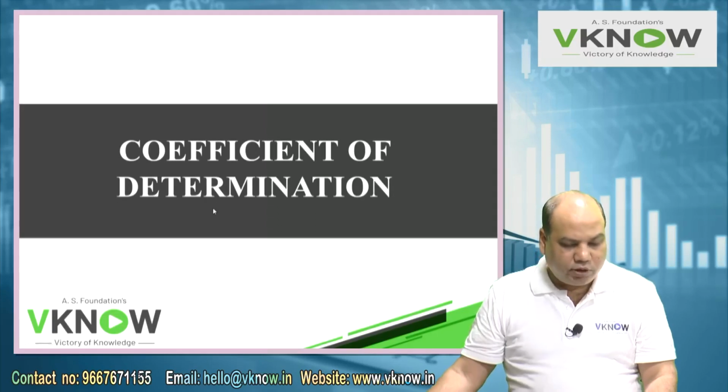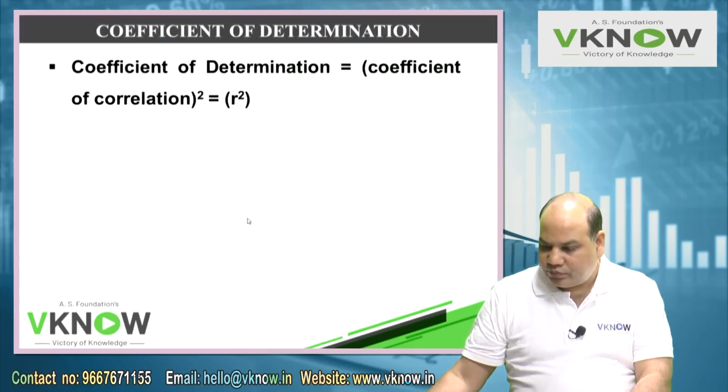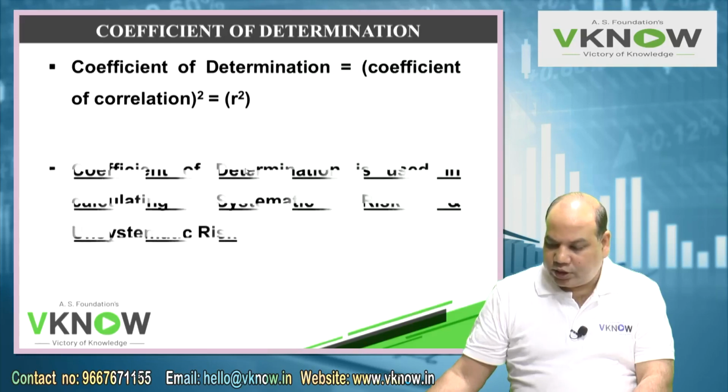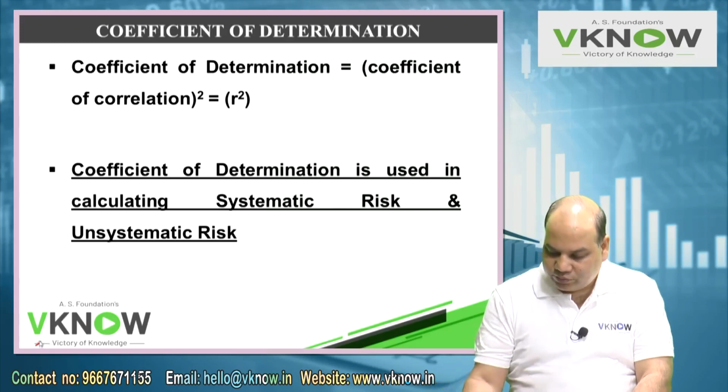Next is the formula of coefficient of determination. Coefficient of determination is equal to r square. What is the purpose of coefficient of determination? It is used in calculating systematic risk and unsystematic risk.